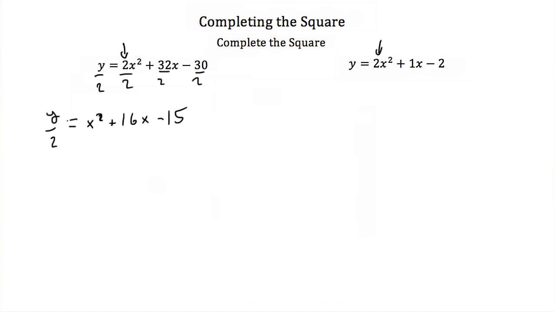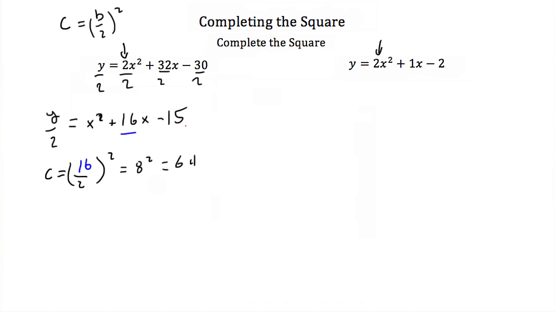This is not a perfect square trinomial, but if we use the equation c is equal to (b over 2) squared, then our b is 16. So our c would be equal to (16 over 2) squared. Well, 16 over 2 is equal to 8, so that's 8 squared, which is equal to 64.